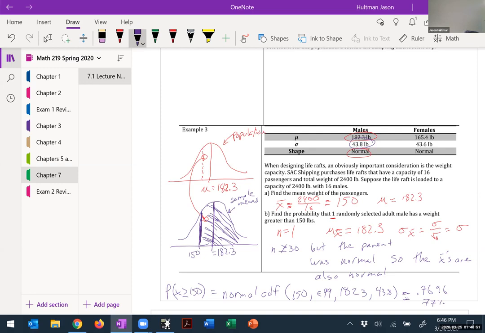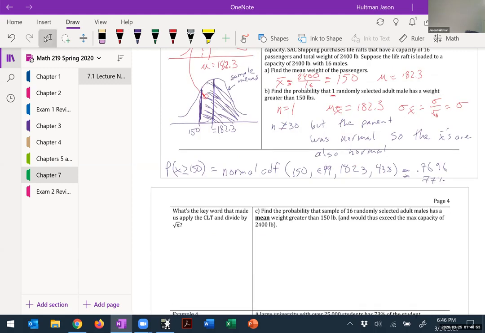Okay, so now what happens in part C: find the probability that a sample of 16 randomly selected adult males has a mean weight greater than 150 pounds.